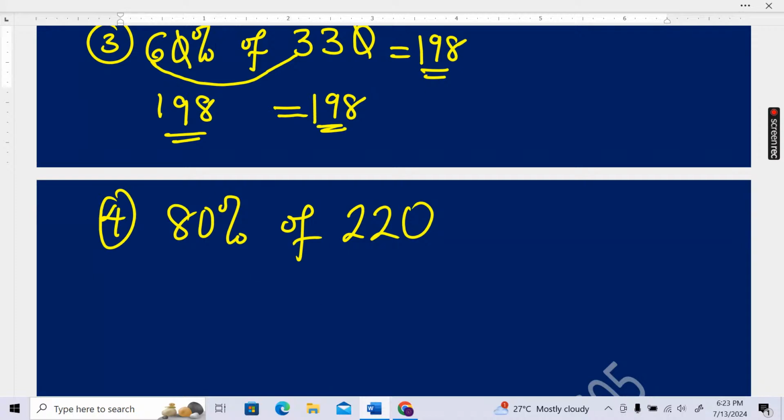The first thing to do is, I'd like you to tell me the first thing to do. How do I find 80% of 220? What should be the first thing to be done? Type it in the comment section.